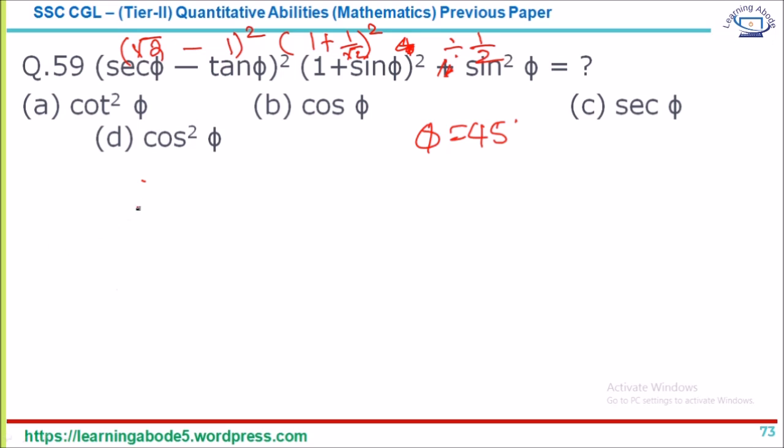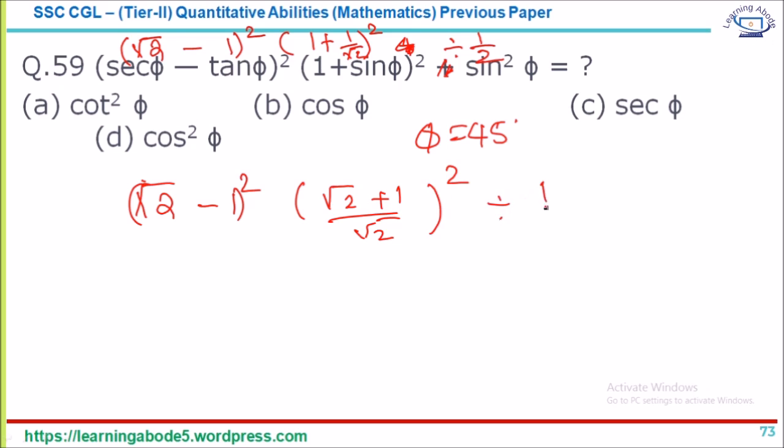So we get root 2 minus 1 square into root 2 plus 1 by root 2 square, divided by 1 by 2. If you simplify further, you will get root 2 plus 1 whole square.